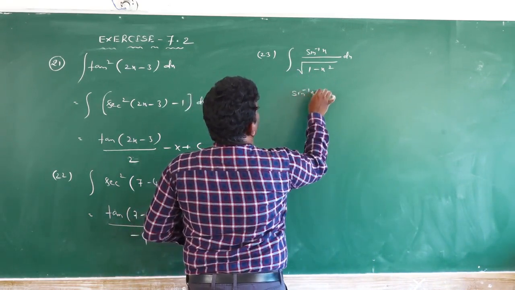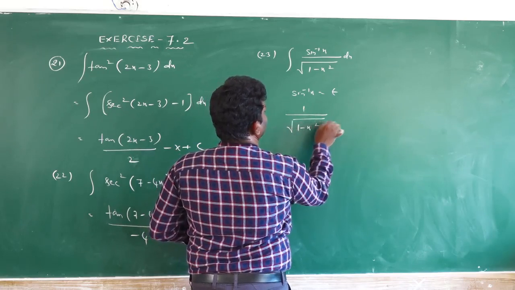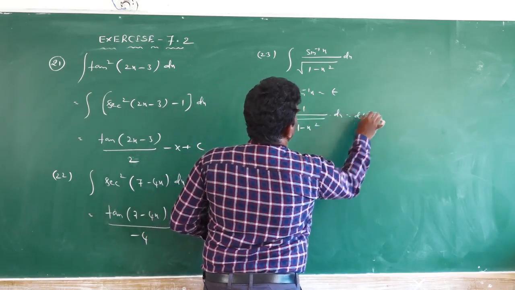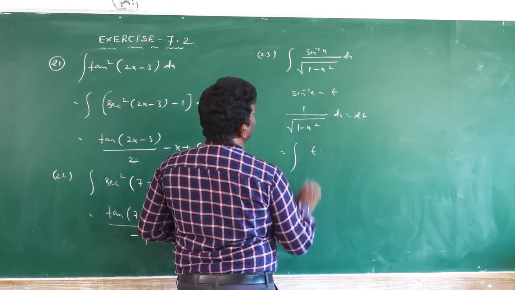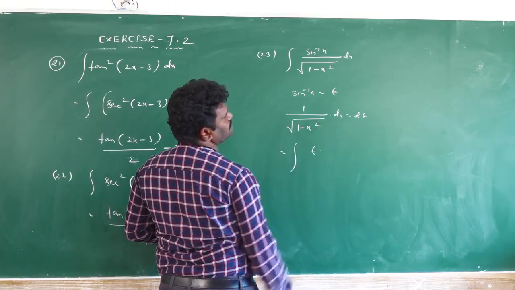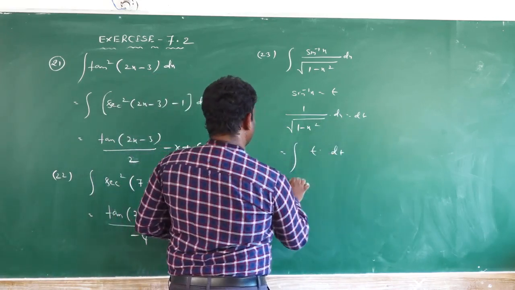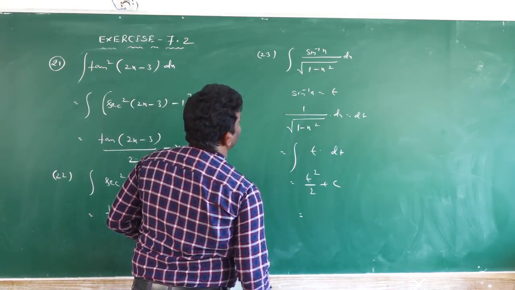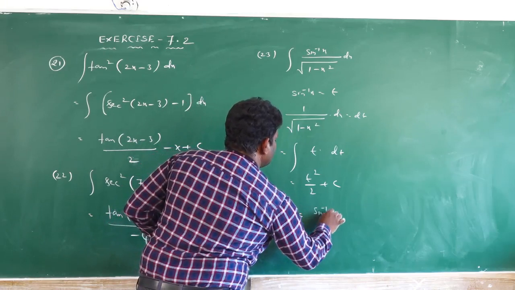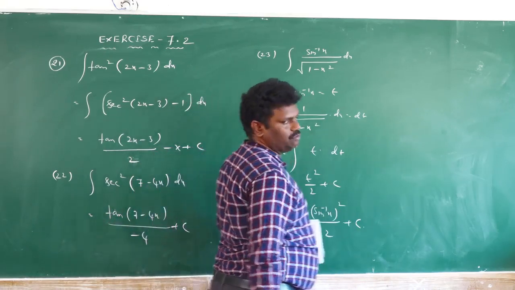Sin inverse x is equal to t, then 1 by root of 1 minus x square dx is equal to dt. So the integral is equal to the integral of t dt, which gives t square by 2 plus c. That is, sin inverse x whole square by 2 plus c.